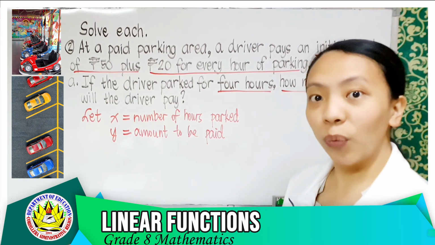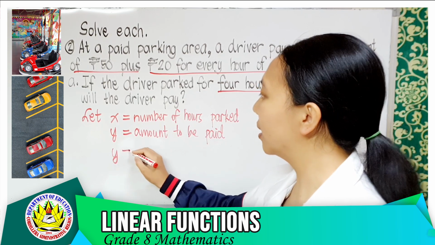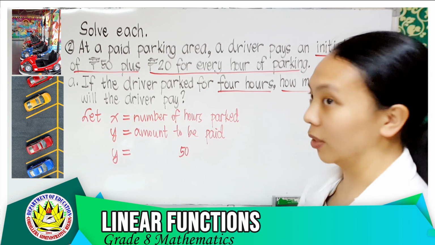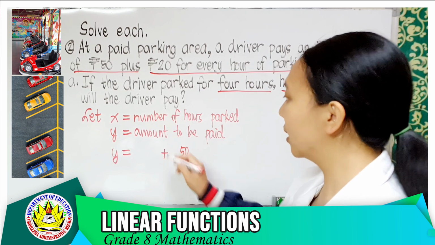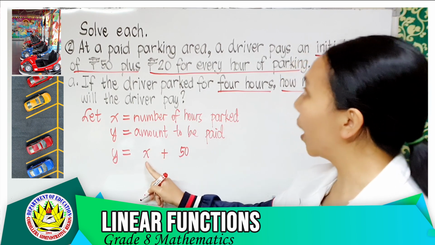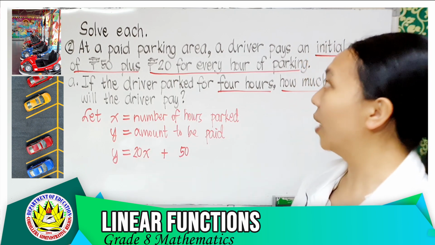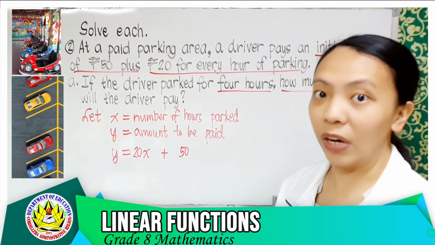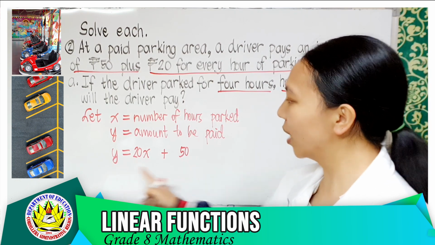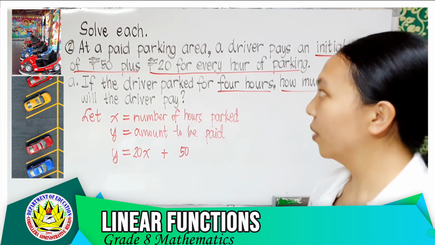So, our working equation is y is equal to the initial amount to be paid, 50 pesos, plus the number of hours parked multiplied by 20 pesos, which is the amount to be paid for every hour. So, we are going to make use of this equation to solve for question A.